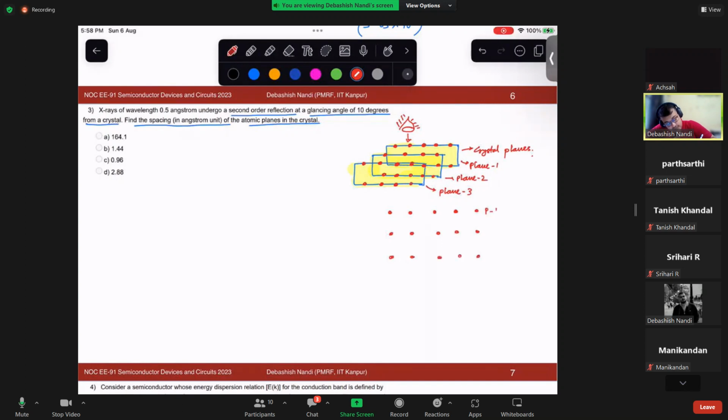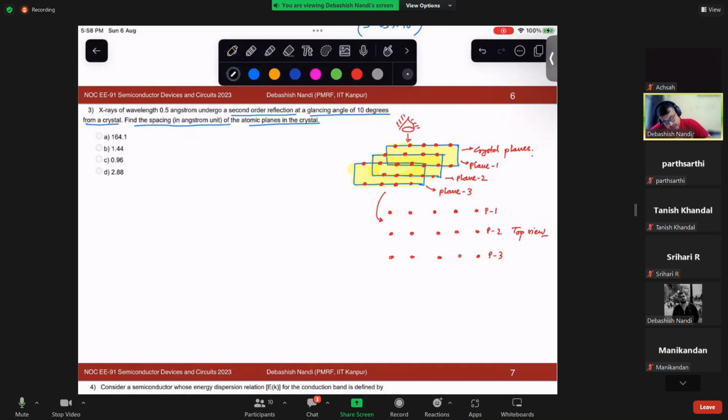So this is for plane 1, this is for plane 2, this is for plane 3. This is nothing but your top view. Do you have any visualization issue from this to this? No, sir. Okay, fine, that's great.